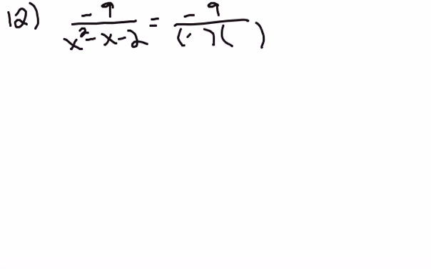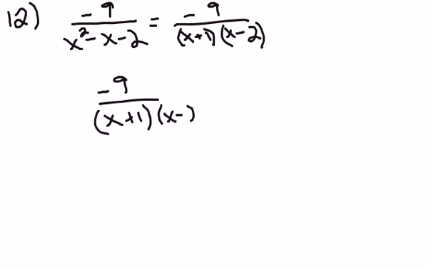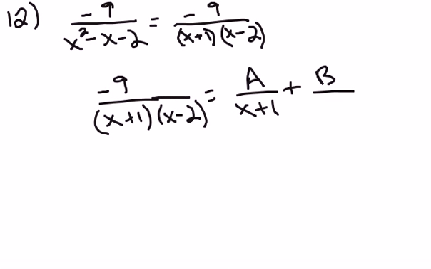So let's go ahead and factor it. x plus 1, x minus 2. And I'm going to write that down here, just rewrite it. So here I also have two linear factors in the bottom, so each of them will get their own constant numerator. Okay.